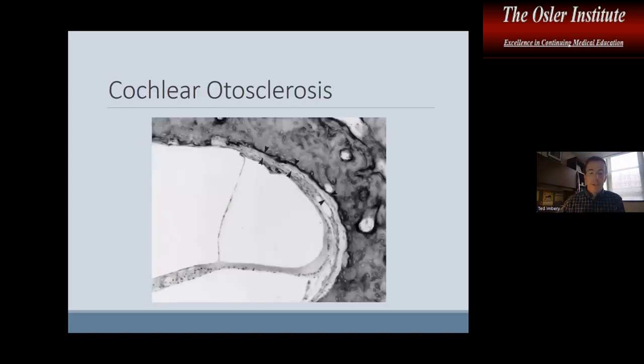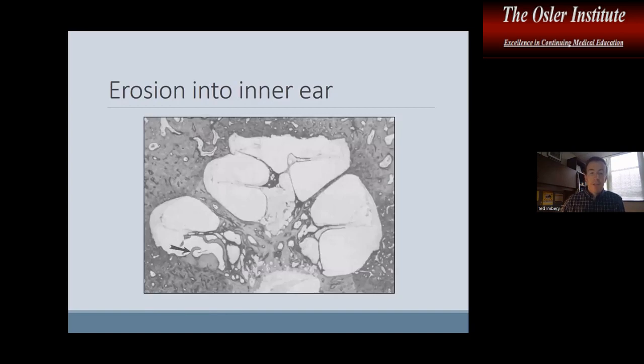This slide illustrates what I talked about: in the lateral wall here, the stria vascularis, some of the hyalinization wherever the arrows are pointing. You can also get direct deposits and erosions into the inner ear, and then the scala tympani here, the arrow indicating that abnormal deposit.